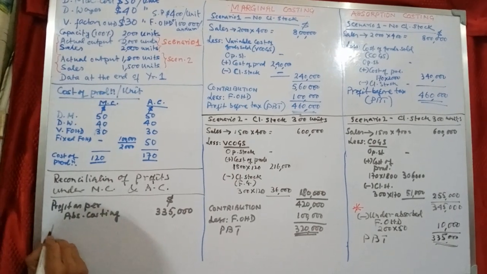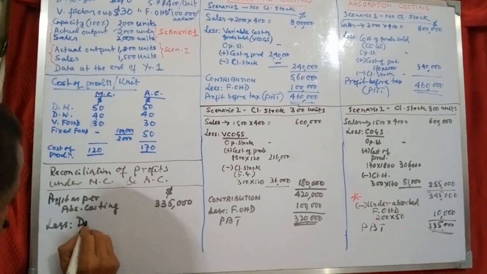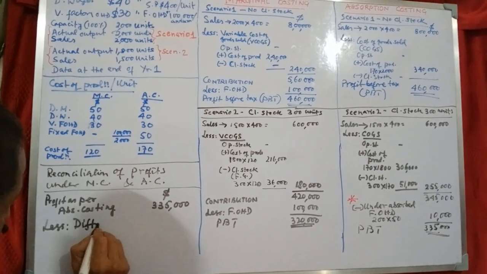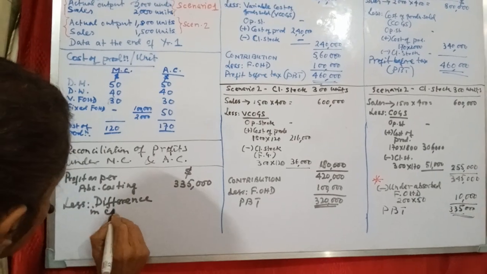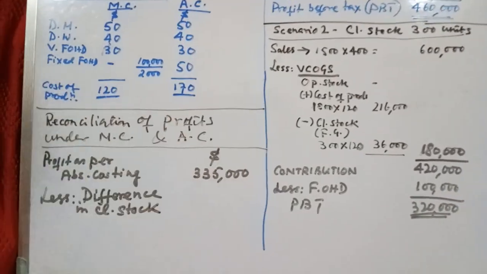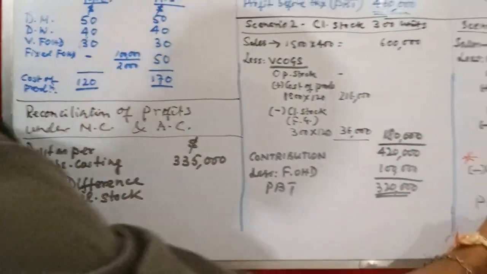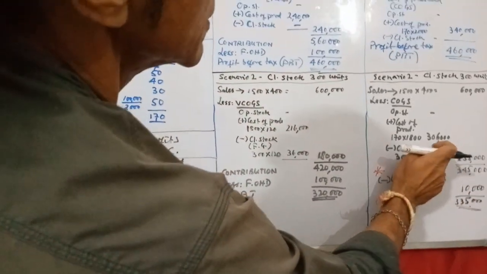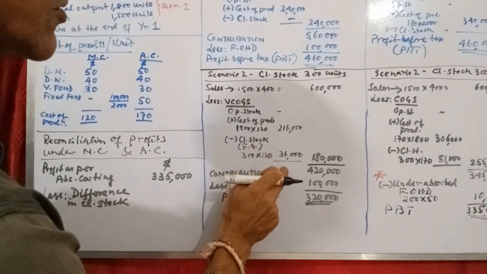So less difference in closing stock, that is 51,000 under absorption costing and 36,000 under marginal costing.